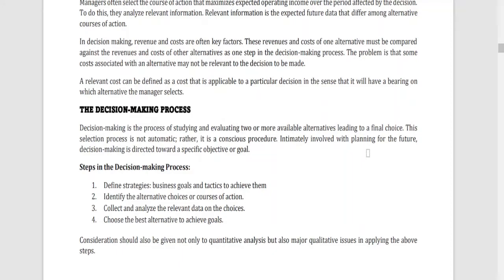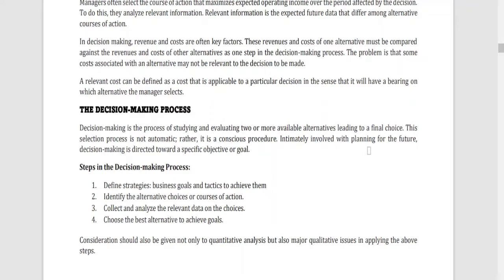So you will not just pick a dress immediately, diba, without looking at the characteristics and necessary information. So if this dress differs from another dress in terms of color, design, prices, okay, so those features, those characteristics that differ are the relevant costs, or are the relevant information.